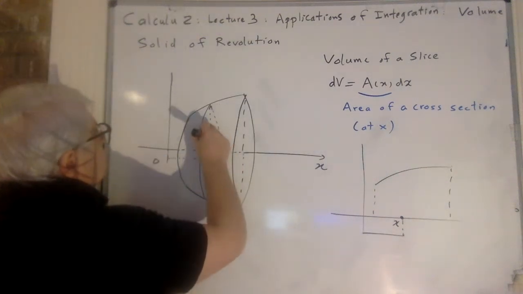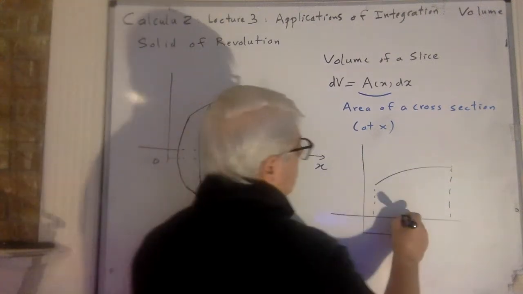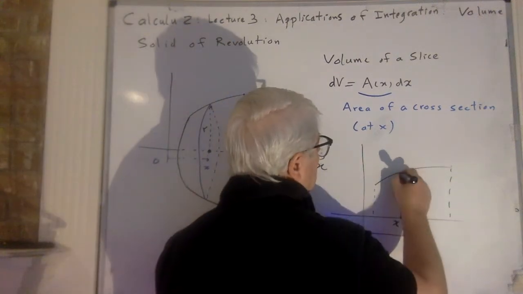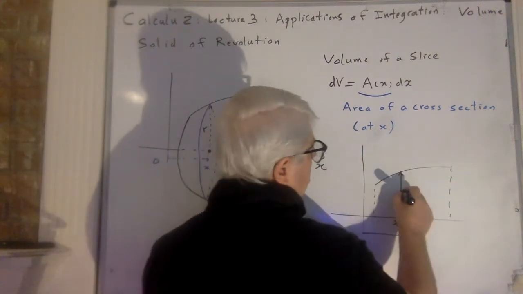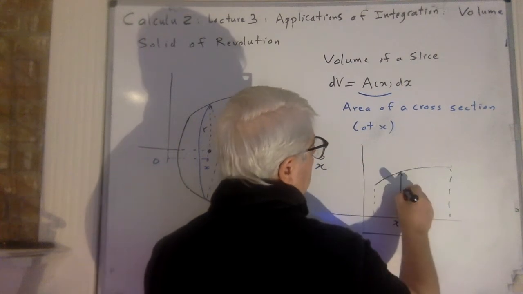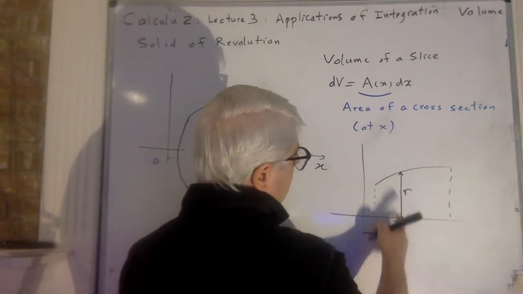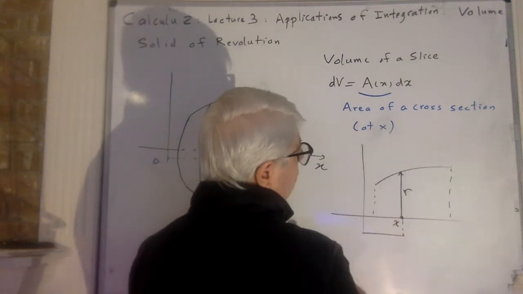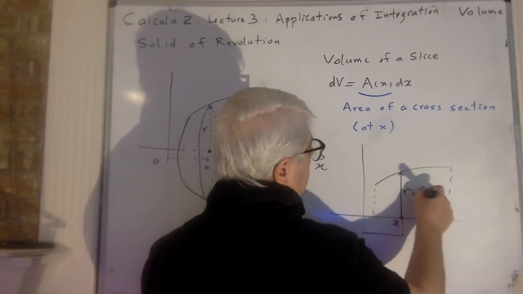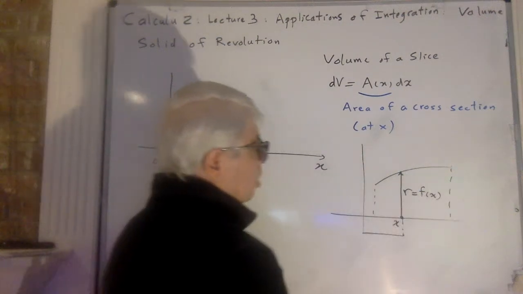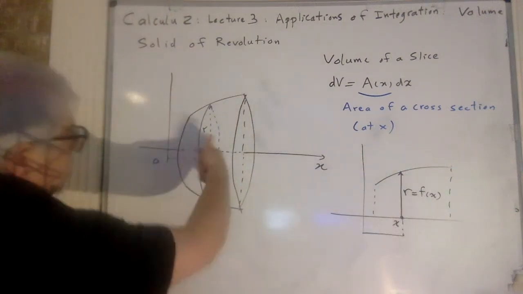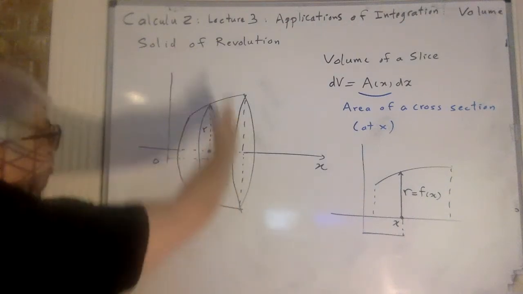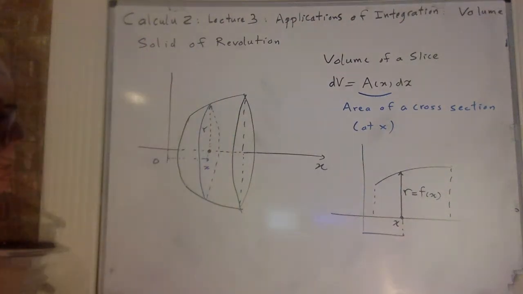This is the radius. So what is r? If this is x, this is the graph of f(x). r is f(x). So at point x, the radius of this cross section is f(x).